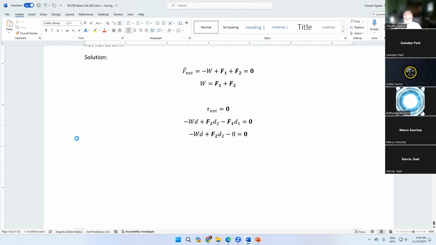F2 equals W times D divided by D2. And now that I got F2, I can substitute in this other equation here to get F1. See that?